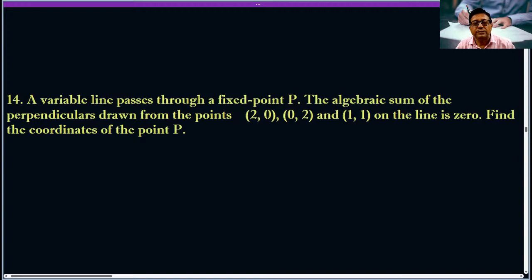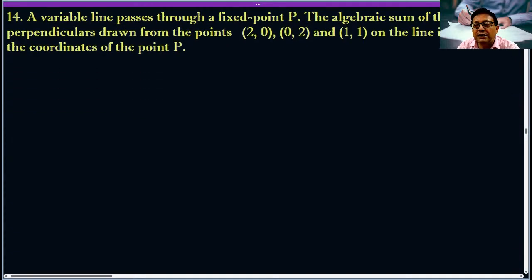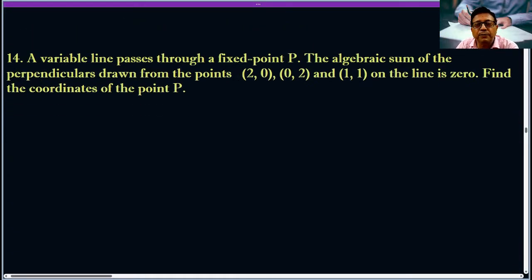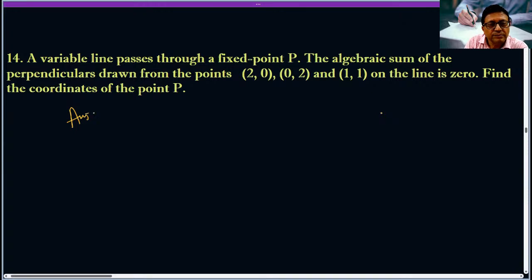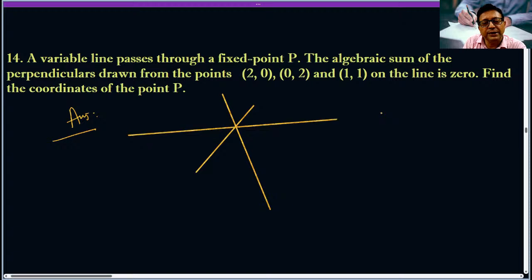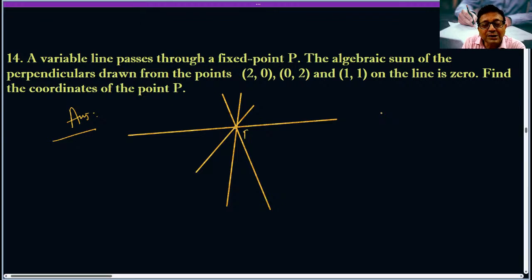I am telling you. A variable line passes through a fixed point P. Algebraic sum of the perpendiculars from the points on the line is 0. Find the coordinate of P. Variable line means line can be this way, this way, this way, but one thing is common among all the lines, there is a point.